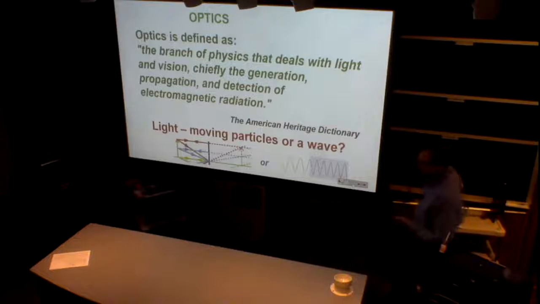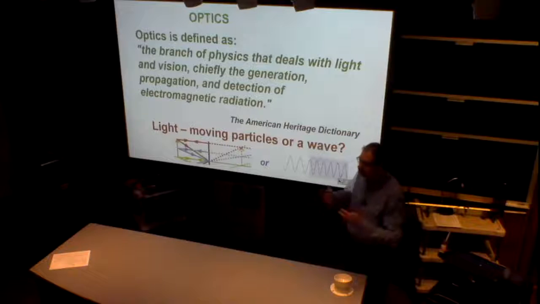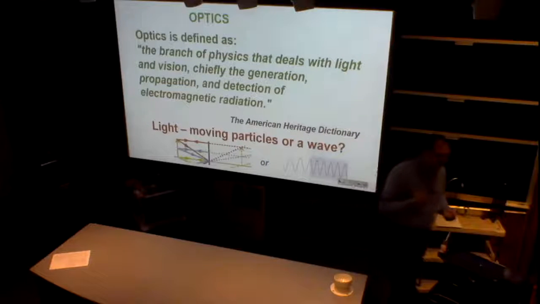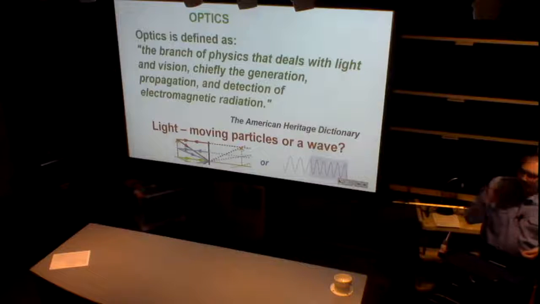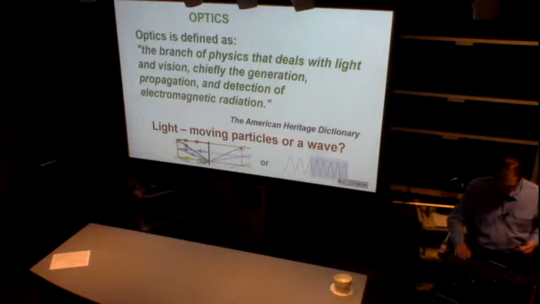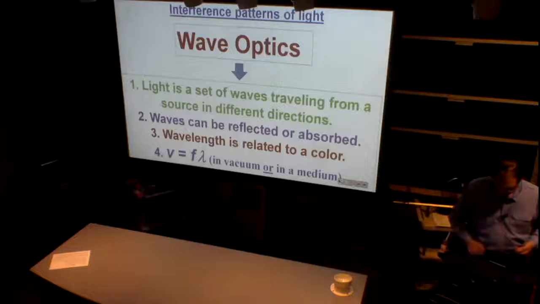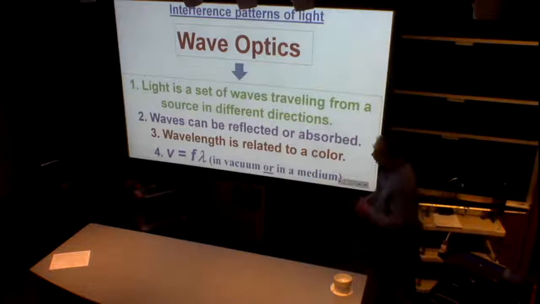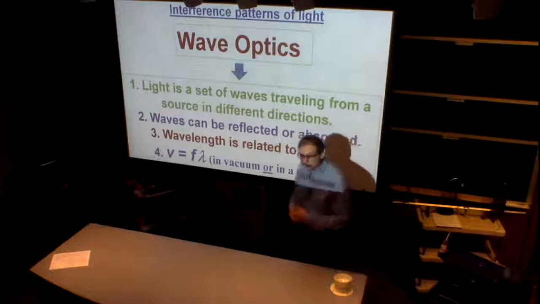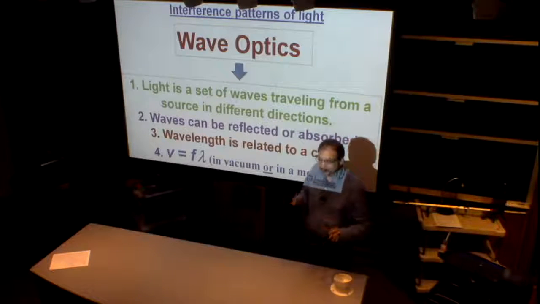Now, we also said that depending on the situation, to describe what's happening, we may think of light as a wave traveling away from a source. Some phenomena cannot be explained by the particle view. So we know that. And in wave optics, we treat light like a wave, and everything we know about any wave can be applied.